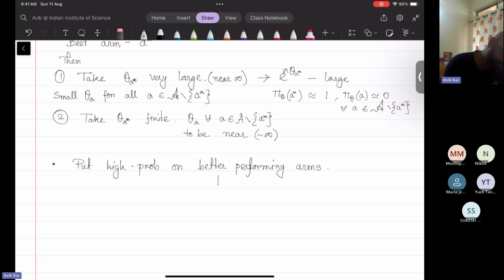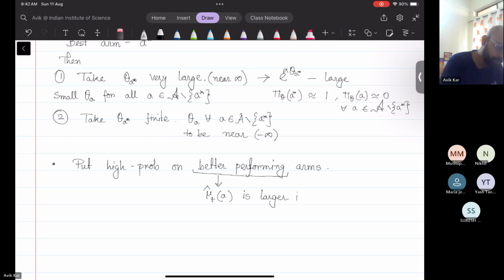How do you understand an arm is performing better? Simple, that is when mu hat t a is larger in comparison to others.